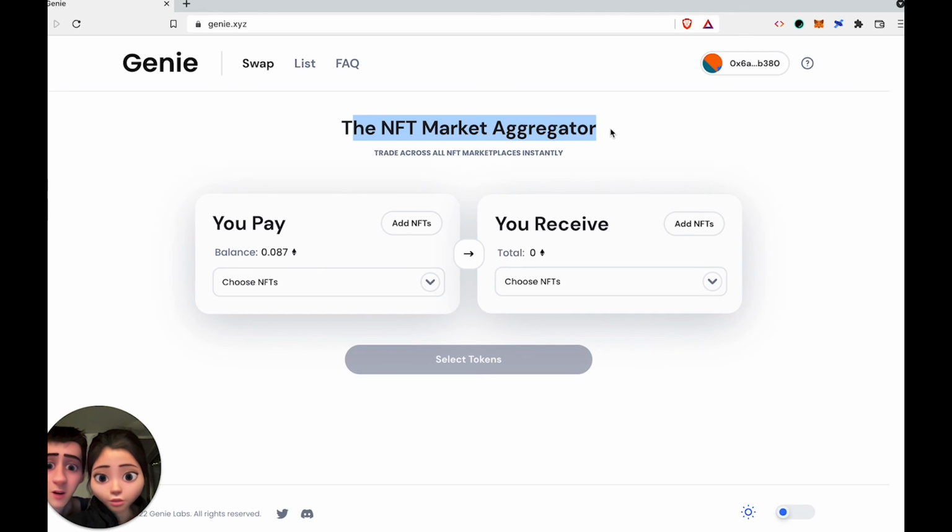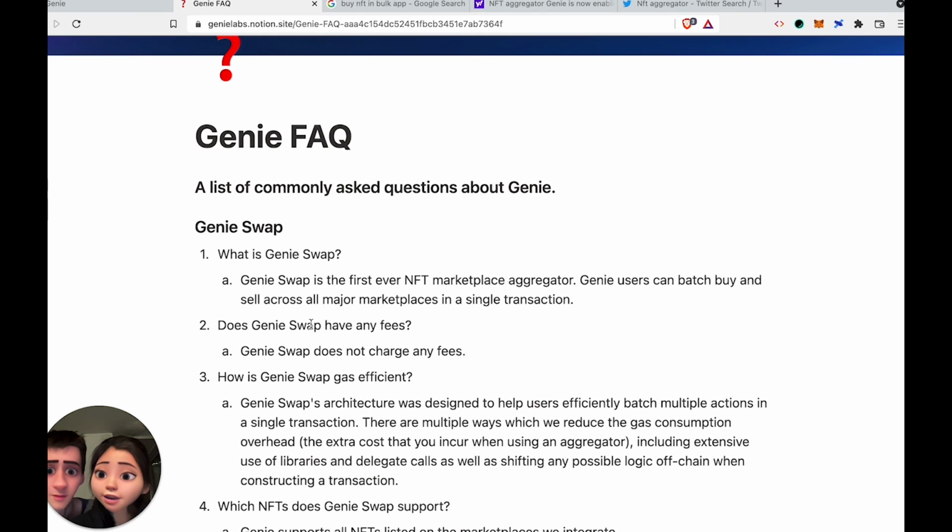The NFT market aggregator. It jumbles up all your NFTs and you can sell them in one go, and it saves your gas fee. Another way, you can buy NFTs in bulk. Here, let's take a look at their FAQ. What is Genie.XYZ? First ever NFT marketplace aggregator. You can batch buy and sell across all major marketplaces in one transaction, and it doesn't charge any fee.